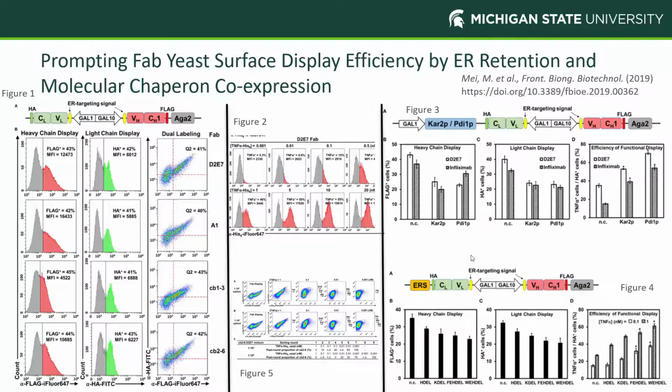The authors also hypothesized that as folding takes place in the endoplasmic reticulum, by using ER retention sequences, they could also increase the efficiency of the yeast surface display.